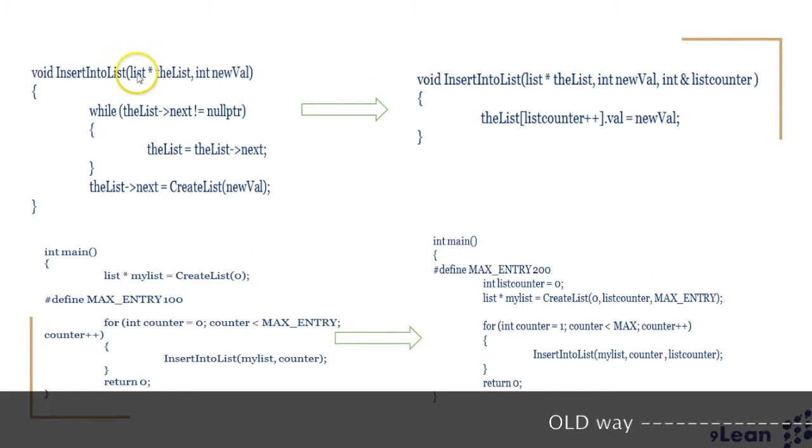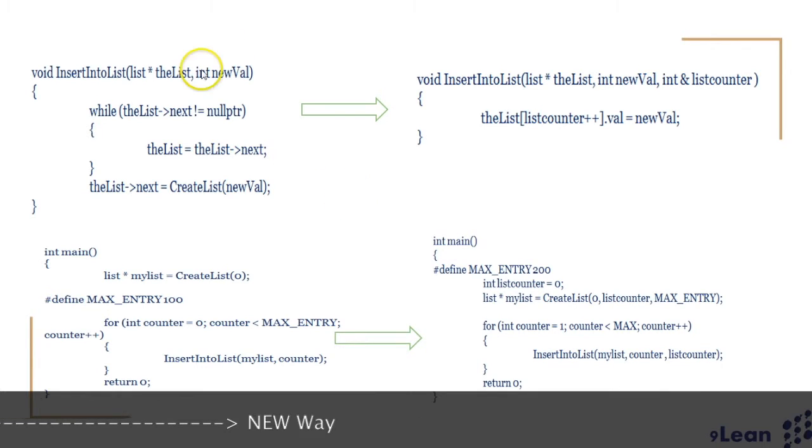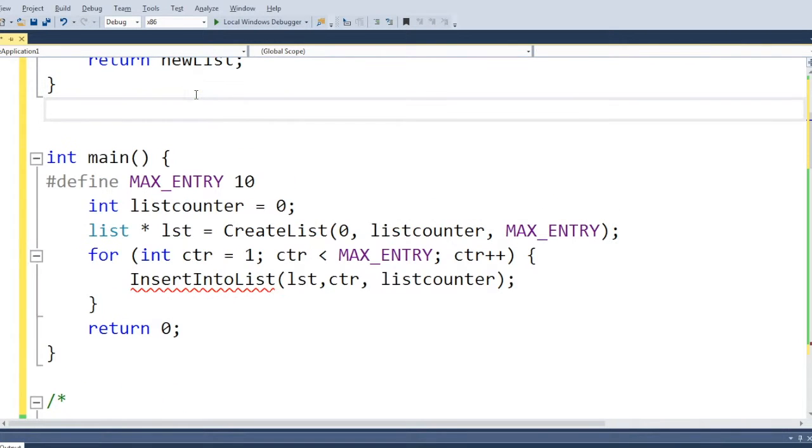We had an insert into list function like earlier, where we just loop through the null pointer and then at the end we create. Here we are doing it in a very simple way. You can see that I'll just create this function as void.